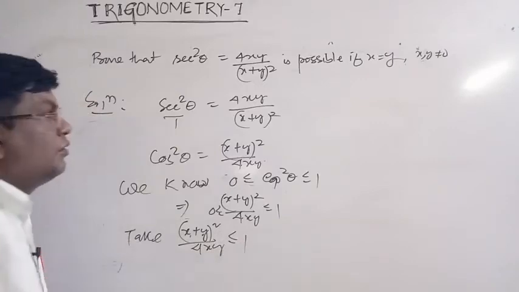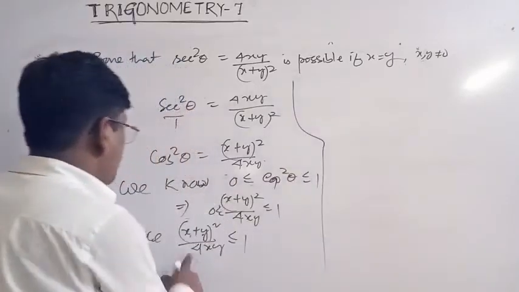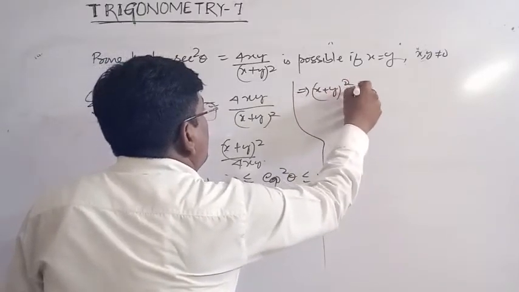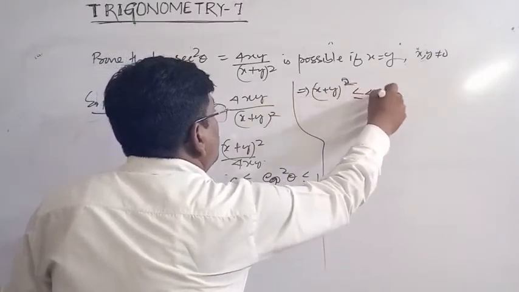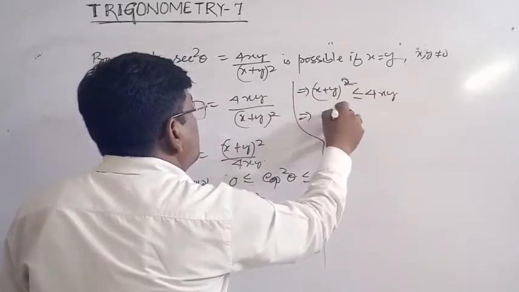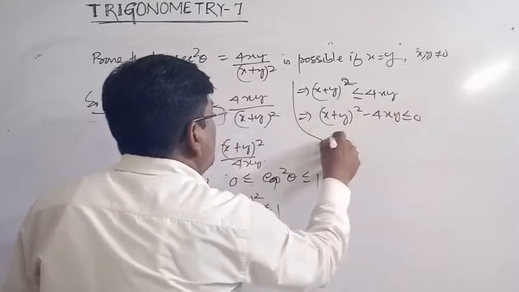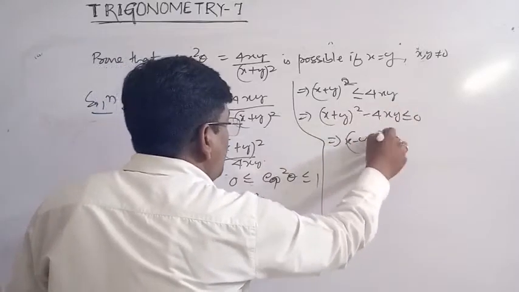That implies (x plus y) whole square is less than or equal to 4xy, and that is (x plus y) whole square minus 4xy less than or equal to 0. So this is (x minus y) whole square less than or equal to 0.